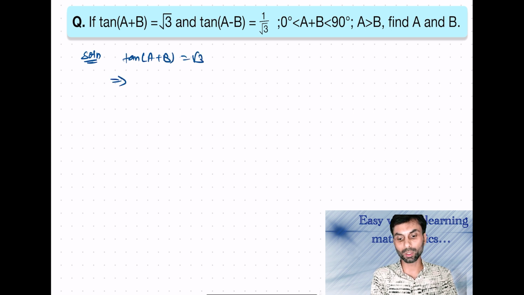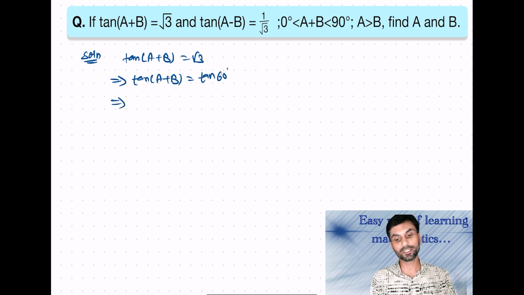So as we know, tan A plus B is root 3, which can be written as tan A plus B equals to, we know the root 3 value is for tan of 60 degree, and as the two trigonometric ratios tan A plus B and tan 60 degree are equal, that implies that A plus B and 60 will also be equal.